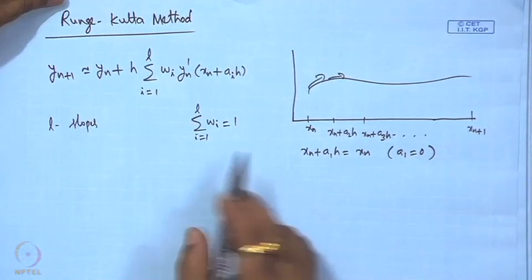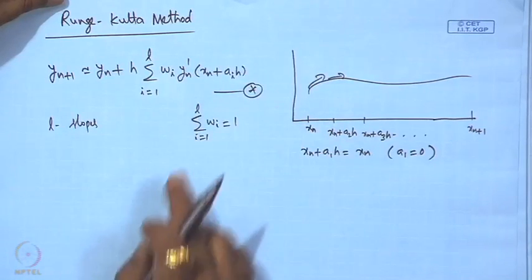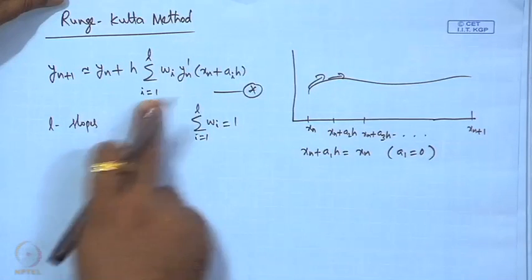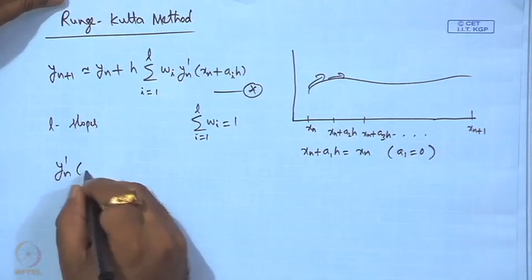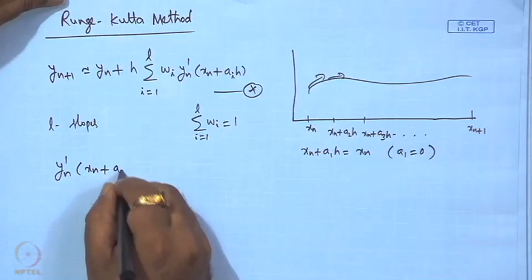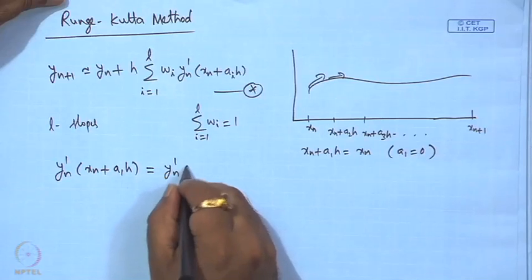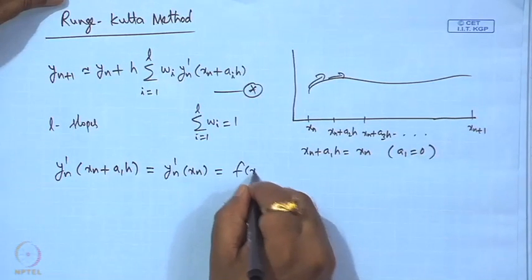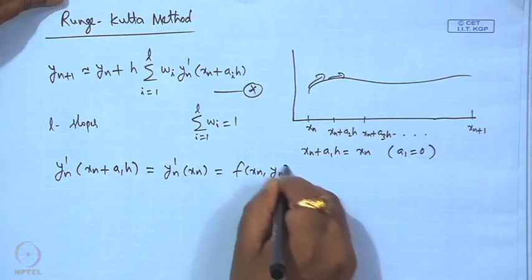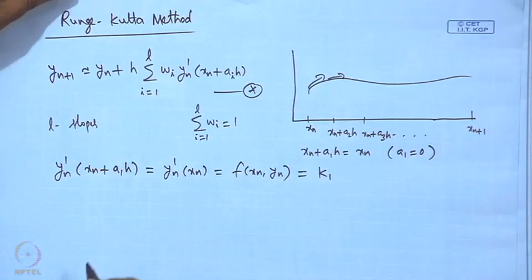Okay. So, now when you talk about the star, what is the first one? I starts from 1, therefore, the first entry is f of x n plus a 1 h, y n of x n plus a 1 h, which is f of x n, y n. Okay. So, call this k 1.